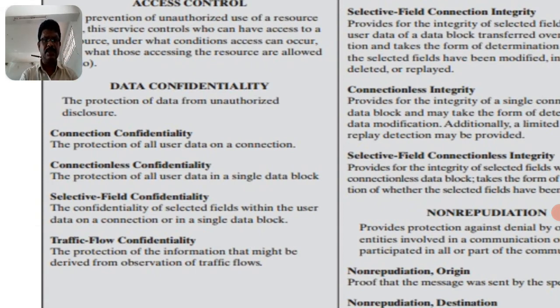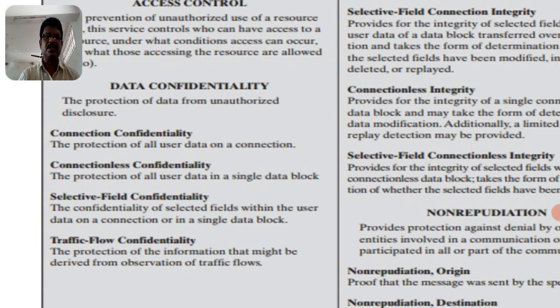The third one is selective field confidentiality. This is the confidentiality of selected fields within the user data on a connection or in a single data block. Both connection-oriented and connectionless can be combined in the selected field.